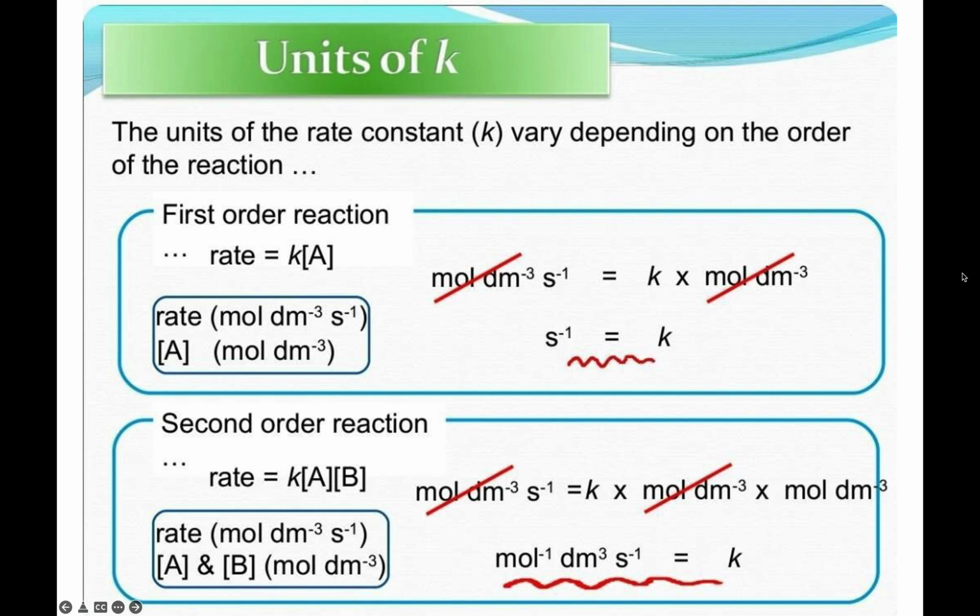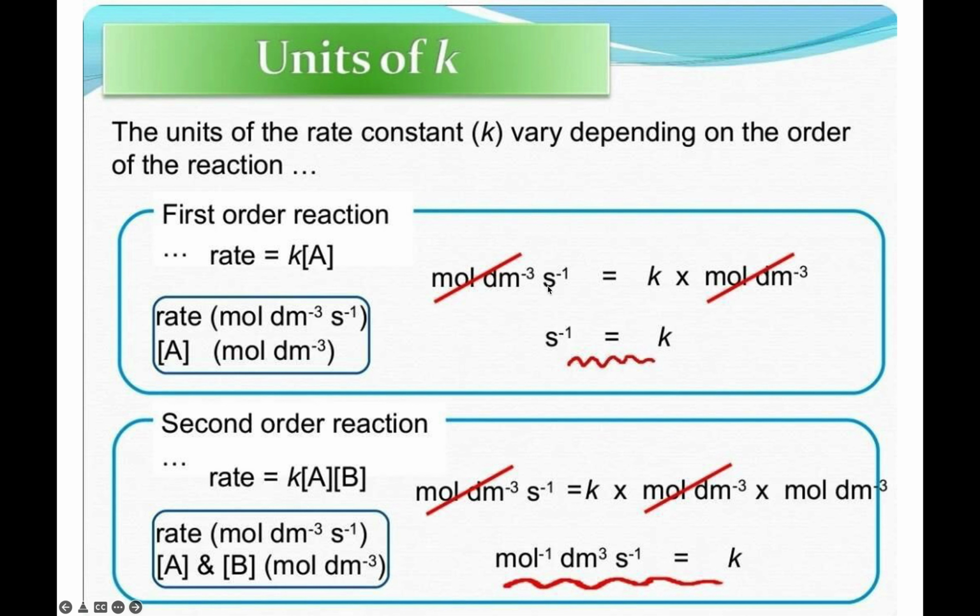Next, what are the units of K? The units of the rate constant vary depending on the order of the reaction. So here I will be mentioning a few examples of how to calculate the rate constant. For the first order reaction, rate is K into concentration of A. So the rate is expressed in mole dm raised to minus 3, S raised to minus 1, and the concentration of A is expressed in mole dm raised to minus 3.